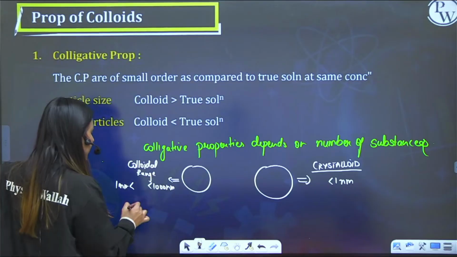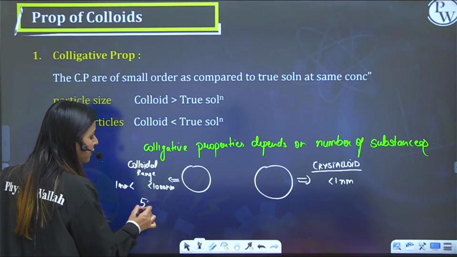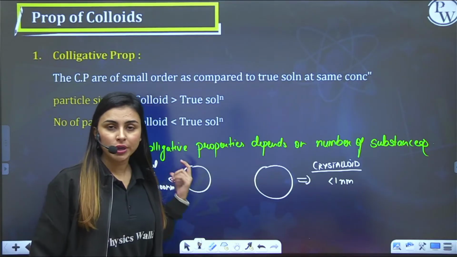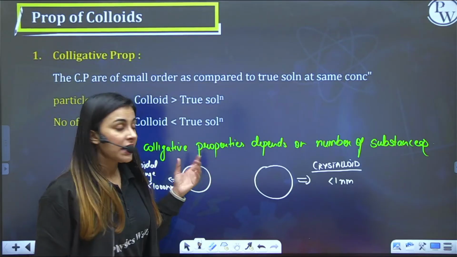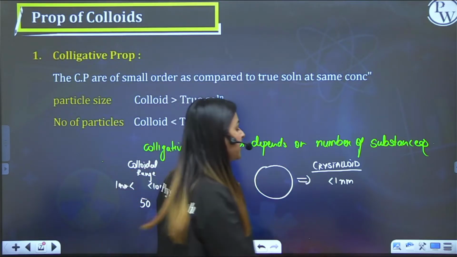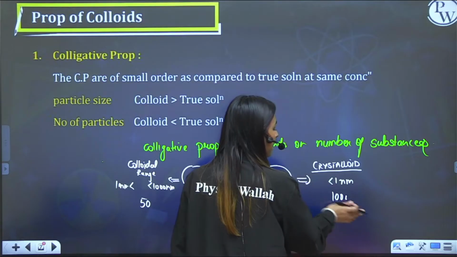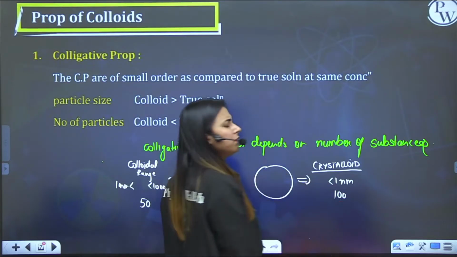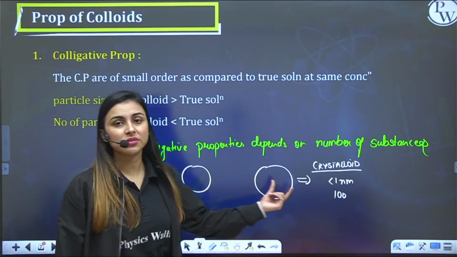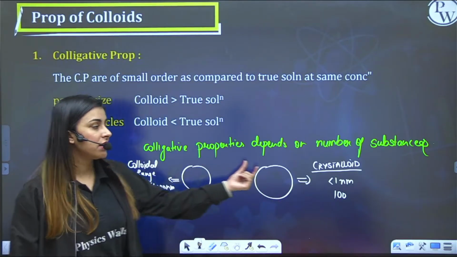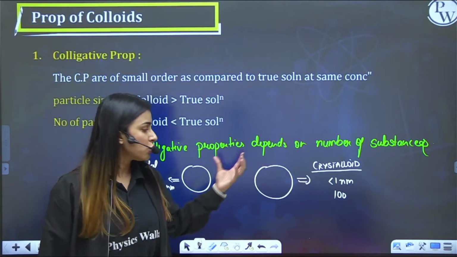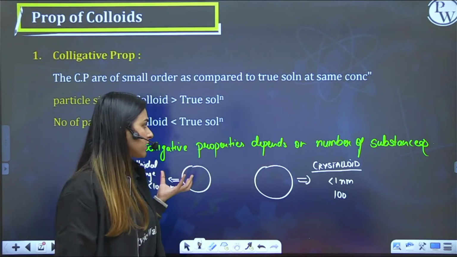Let's say you get 50 pieces of colloidal solution from this whole stone. If I talk about the crystalloid range, you will definitely get 100 of it. Let's say 100 or 1000 or how much ever, it will be more than this. Why? Because their size range is small, right? So definitely they will be larger in number as compared to this.